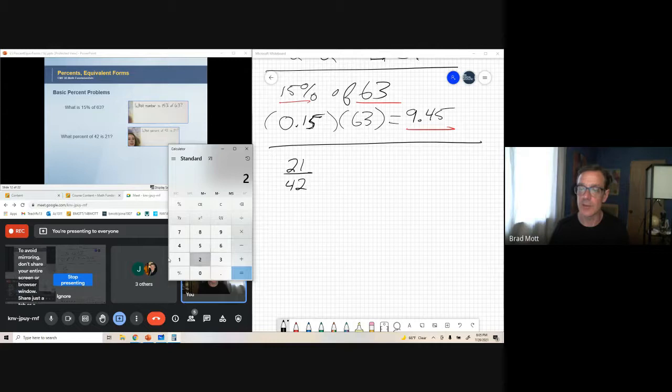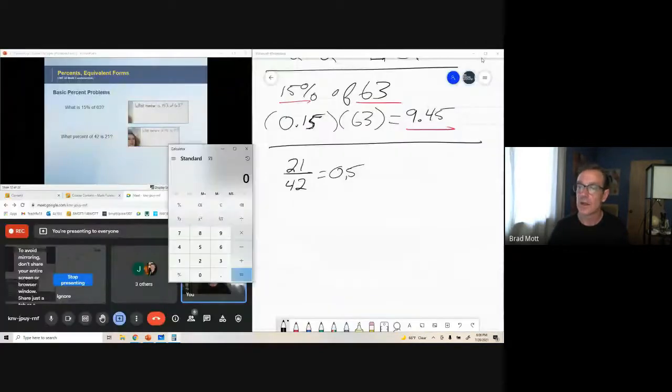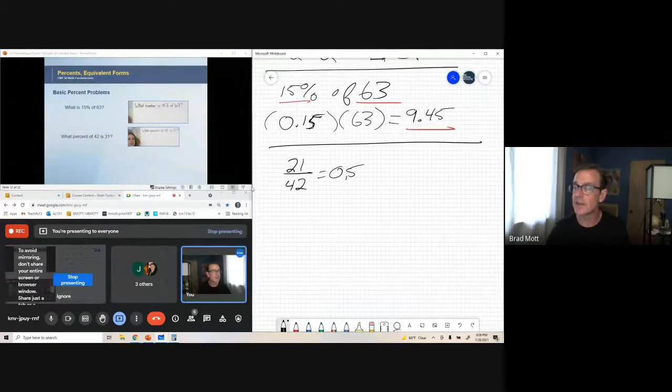That's just a simple matter of converting that into a decimal, 0.5, and then converting that decimal into a percentage, which would be, of course, 50%. So 21 is 50% of 42.